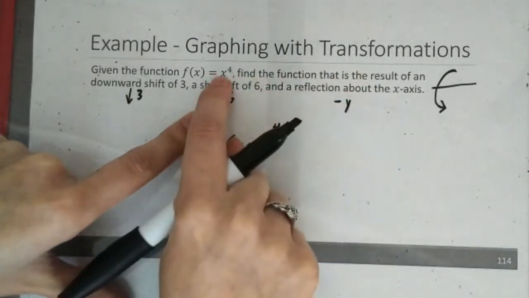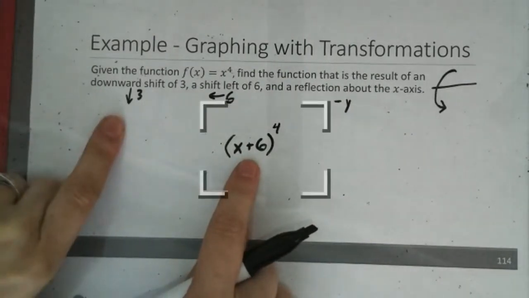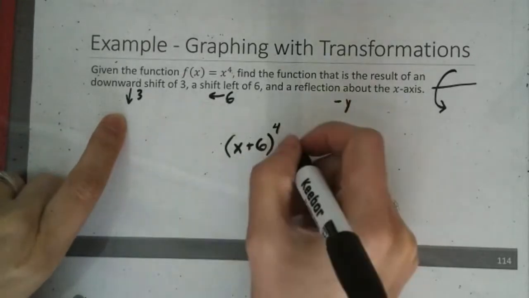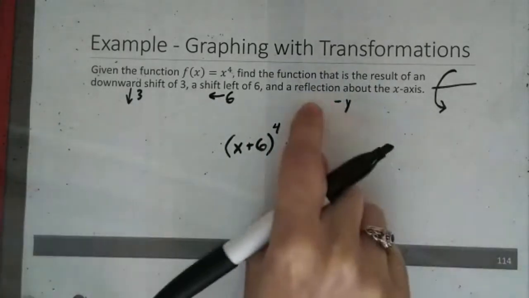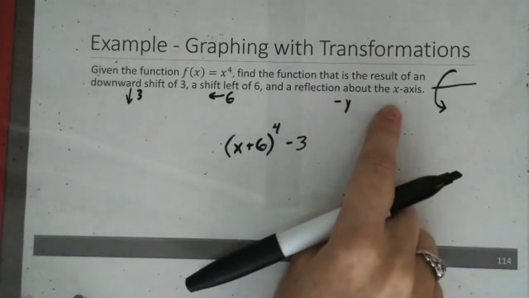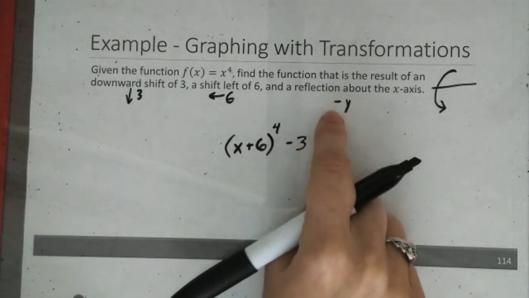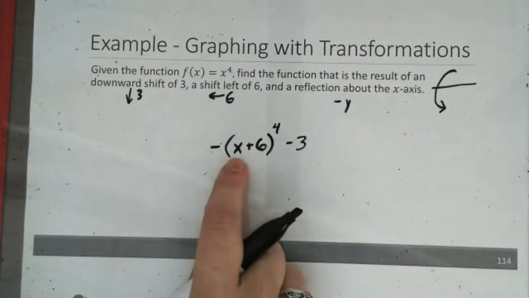So I just replaced my x with an x plus 6. That's what shifts it left. A downward shift of 3 means I need a -3, not attached to the x, but just sitting back. And then to reflect it about the x-axis, we need to put the negative in front of the y, which is really just out front of the whole thing. Because it's not directly in front of the x, it's out front.